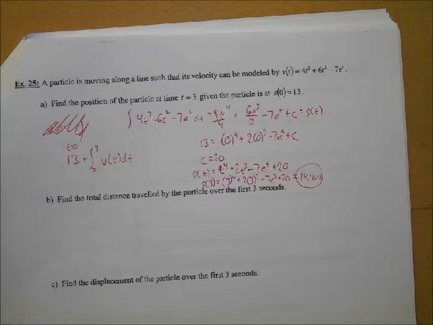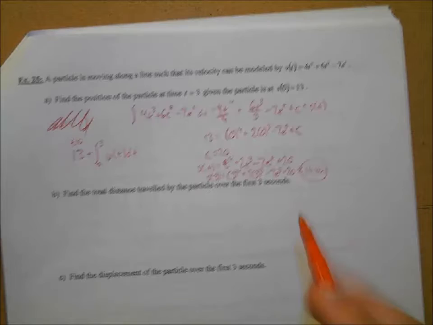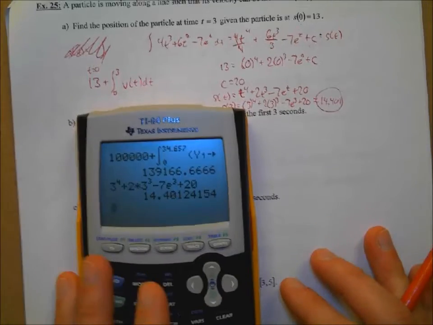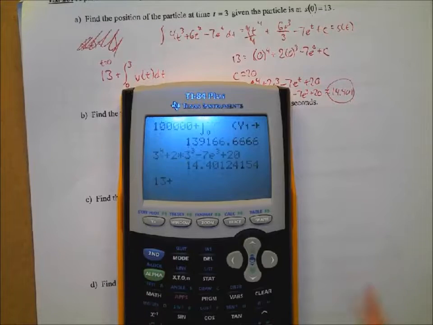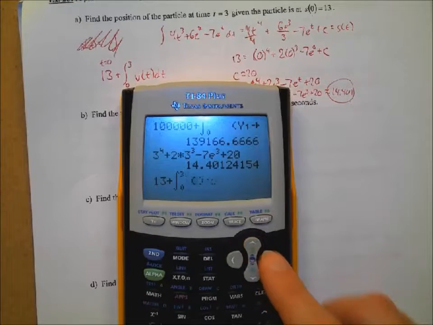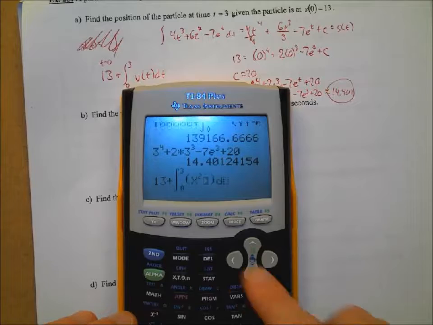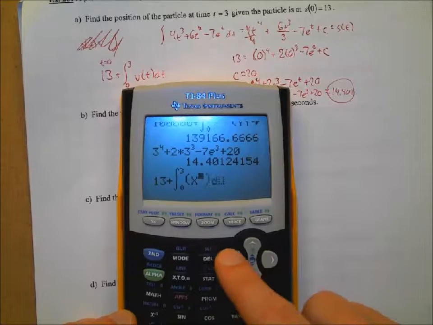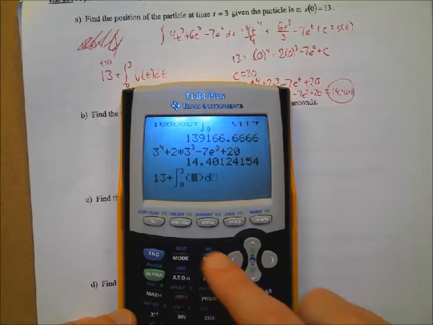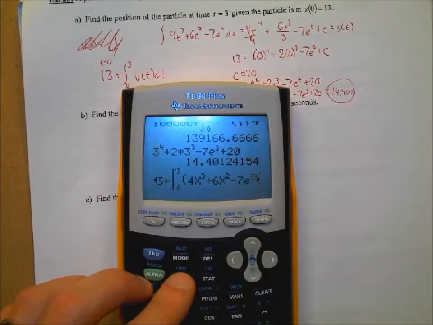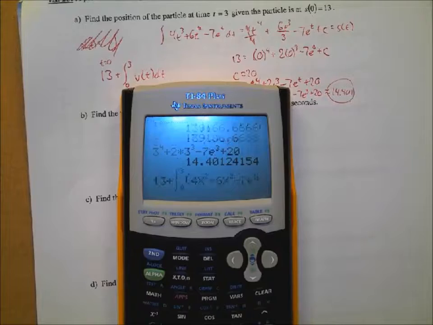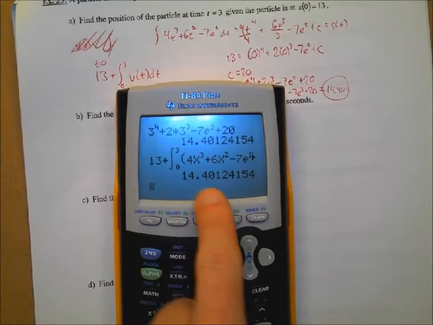This would also yield 14.401. If you don't believe me, I'll just type it in real quick. So 13 plus the integral from 0 to 3 of 4x to the 3rd plus 6x squared minus 7e to the x. And there it is also.